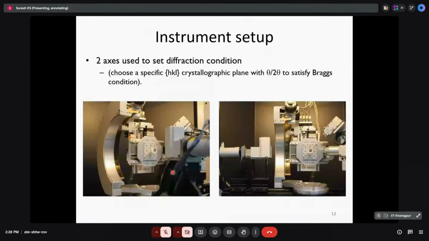Now we will look at these one by one, and how they are done in a real experimental setup. Let me show you the cases of the incident angle theta and the 2 theta.